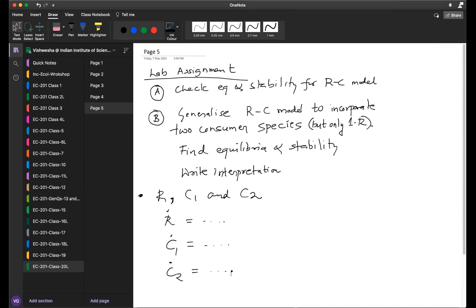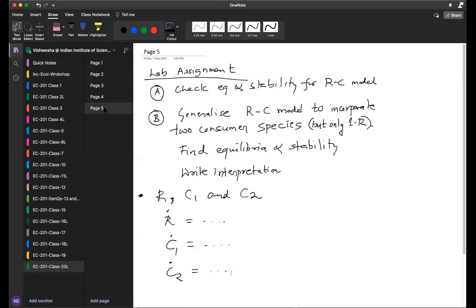Any questions? How do we determine the level of dependence? R is the only resource available in their ecosystem. Both of them depend on it.